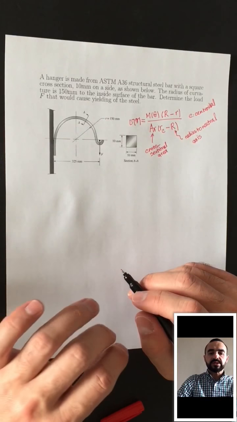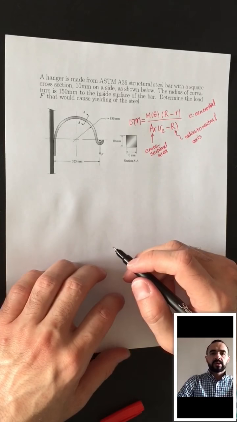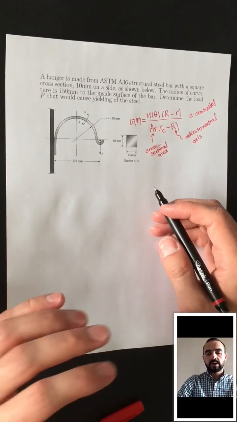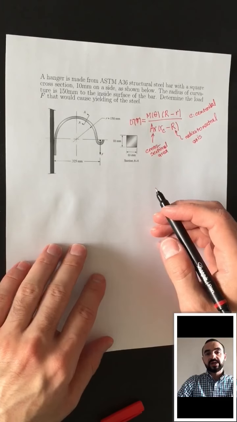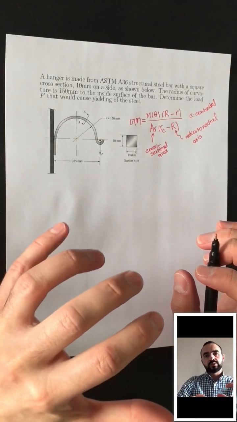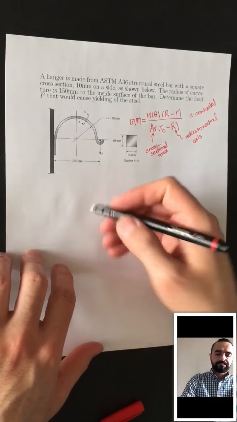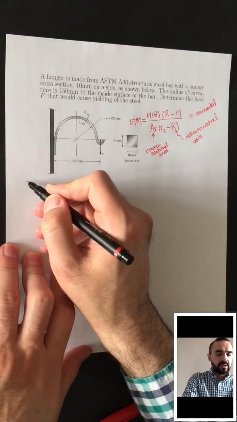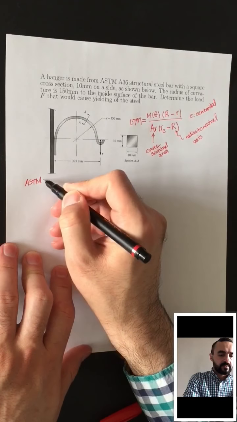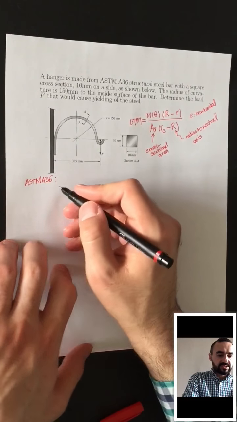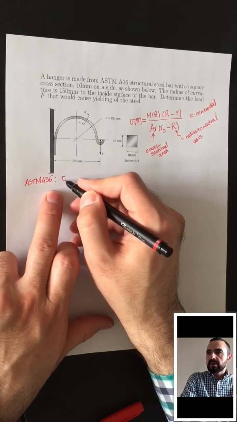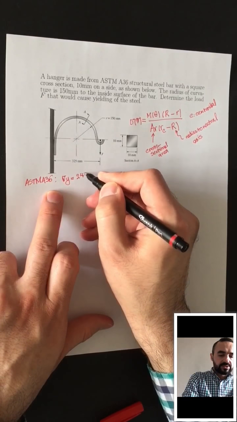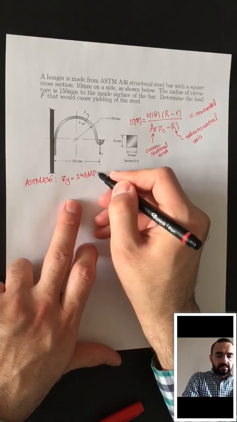The first thing we need to do is look at the handbook of mechanical engineering and find the material ASTM A36 structural steel bar, and then for that material we need to find the yield stress, because our goal is to find the corresponding F. Once you have consulted a mechanical engineering handbook, you will find that for the ASTM A36 structural steel bar, sigma yield is 248 megapascal.